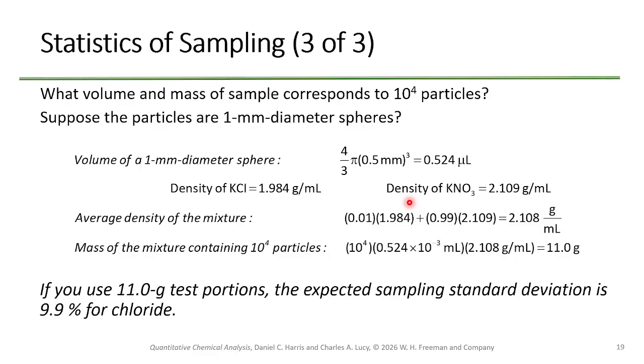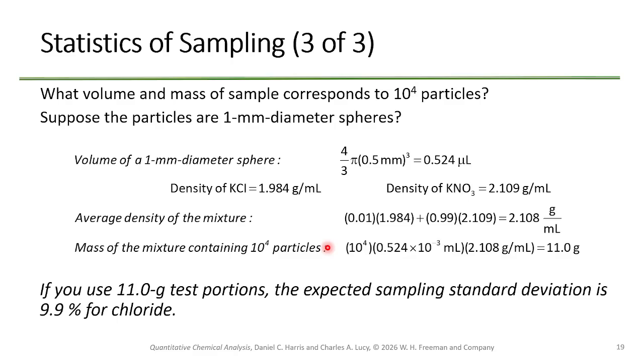So your average density for this sample here is going to be, well, we have 1%, that's the KCl, so 1% of that density is the density of KCl, plus 99% of the density is from the potassium nitrate. And so our average density is that right there for our entire substance.